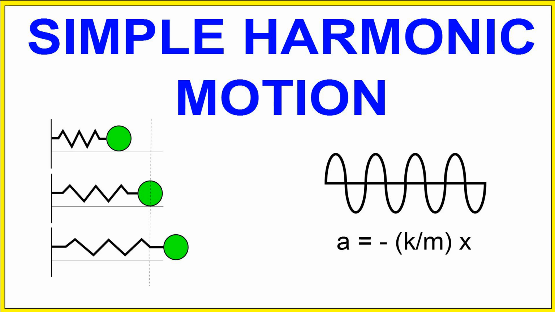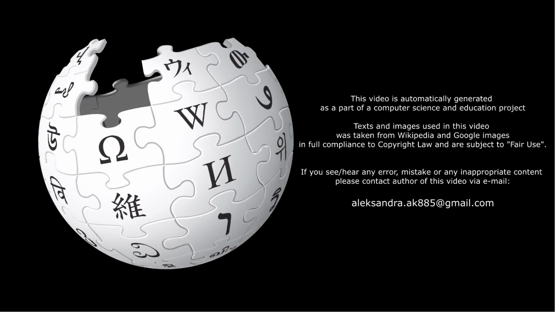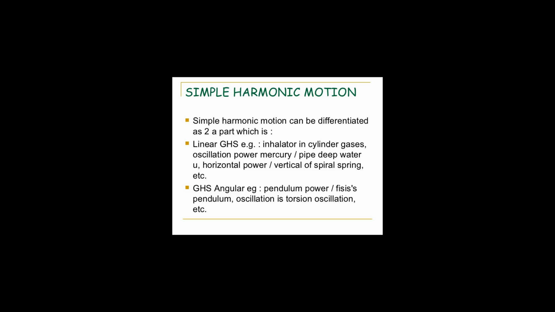Using the techniques of calculus, the velocity and acceleration as a function of time can be found. v(t) = dx/dt = -Aω sin(ωt − φ). Speed = ω√(A² − x²).